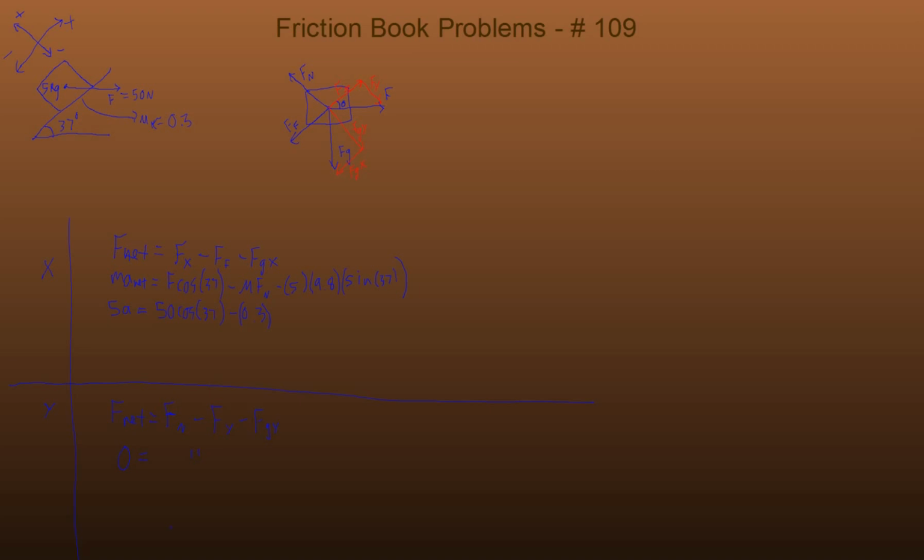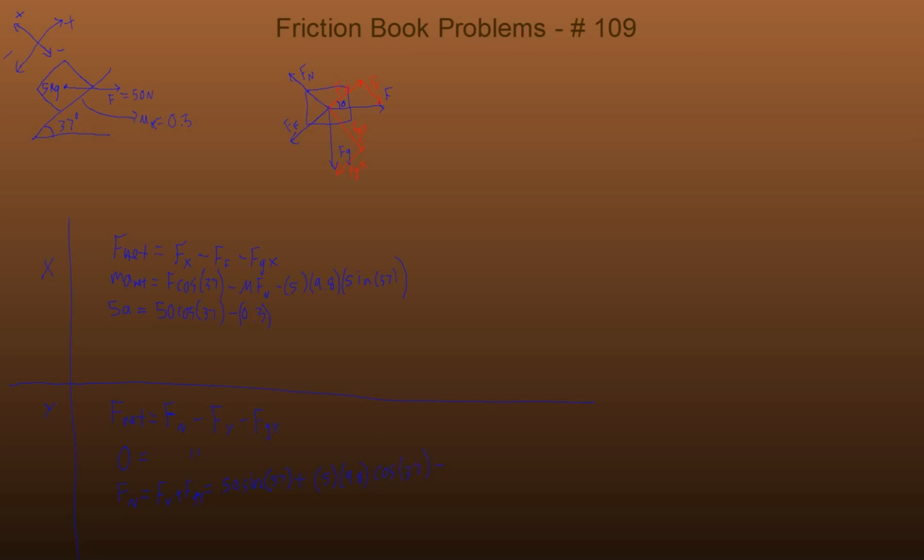So that means F normal equals Fy plus Fgy, which equals, Fy is the opposite of this angle, so sine, and that's 50 sine 37 plus the weight, which is 5 times 9.8, and the y component here is cosine 37.